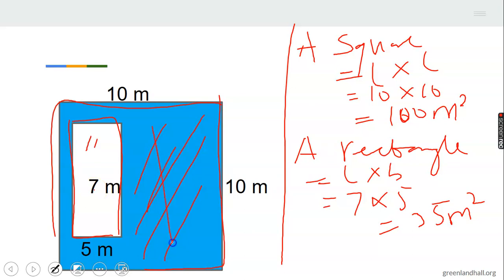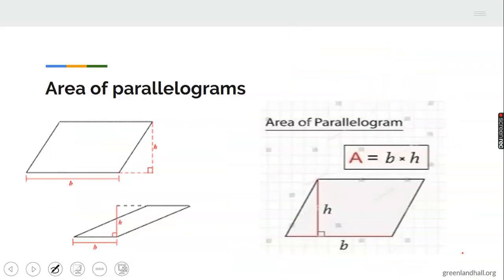It will now be 100 minus 35, which is equals to, subtract for me, what do you have? That is 65 meter square. That is how to find the area of a curved shape. Now we move to parallelogram.